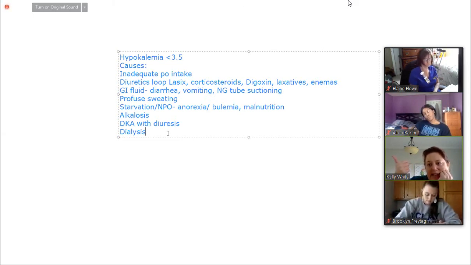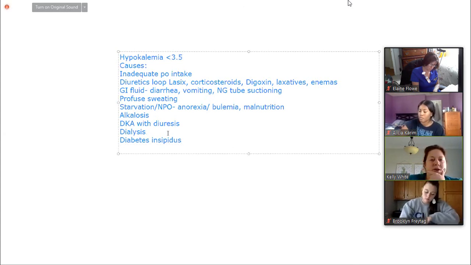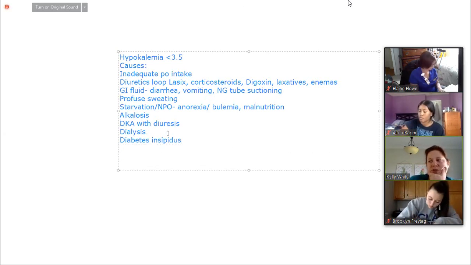So if we over dialyze them and remove too much, then that can potentially make them have low potassium levels. Okay. And then diabetes insipidus, where you're putting out that 30 liters a day of urine, where you're losing massive amounts of urine. Okay. All right. So those are our causes.